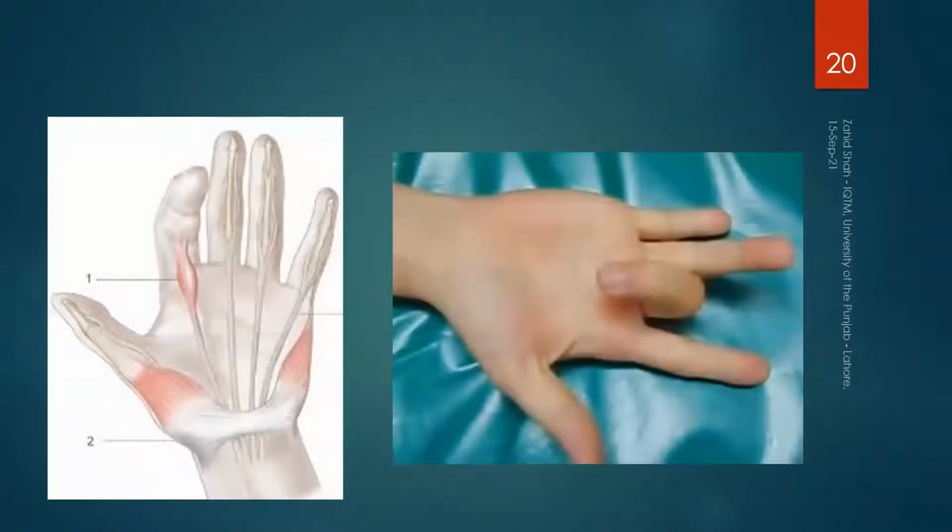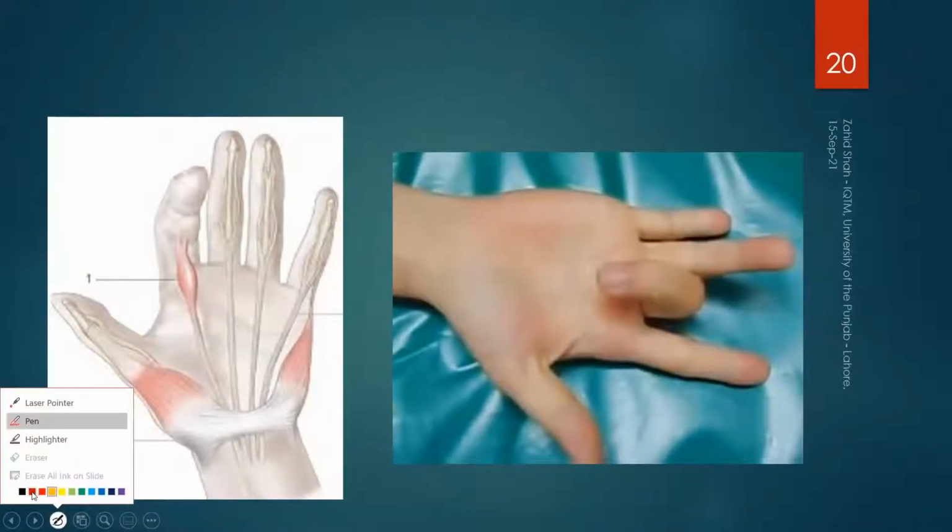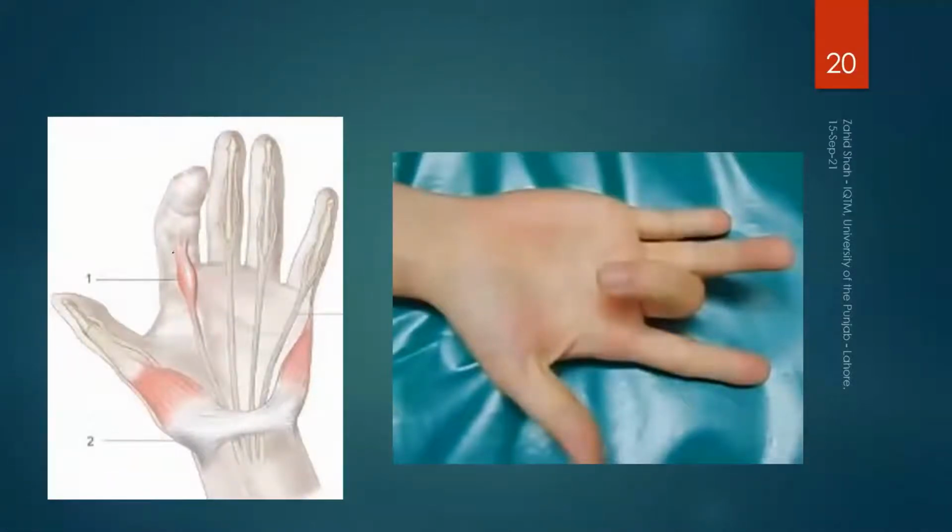So you could see here that in this case, the tendon of the index finger has swelled. So the finger is bent at an angle and it is very difficult to straighten this finger. And you could see that the tendons in the hand are very long.